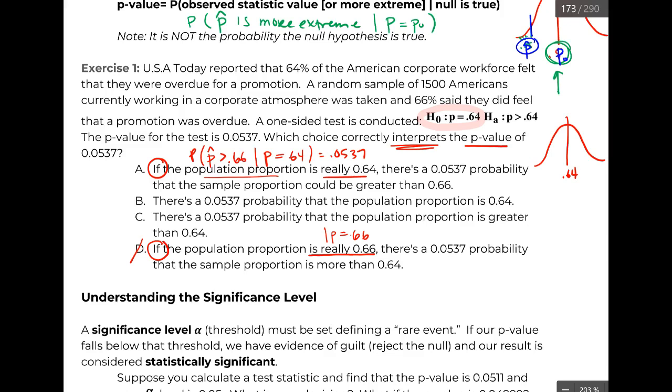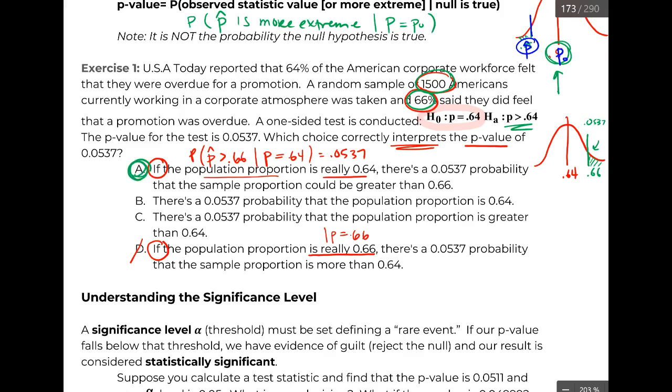So here we can see 66% was our value from our sample, right? That's our p hat. So that's what we got. We want to know, is that so different from 64%? We have a right-tailed test, so there's the probability that we'd be looking for, and they told us that this is 0.0537. So our answer is A.